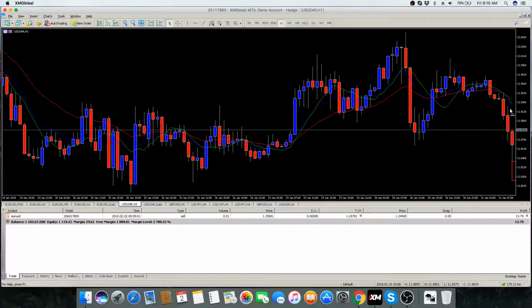I always use the blue for acceleration, and the red is resistance. It's usually resistance, depending on which way. If it's below the market, it's support. If it's above the market, it's resistance. But my blue line is for acceleration. It tells me, don't worry about it. You can get off.